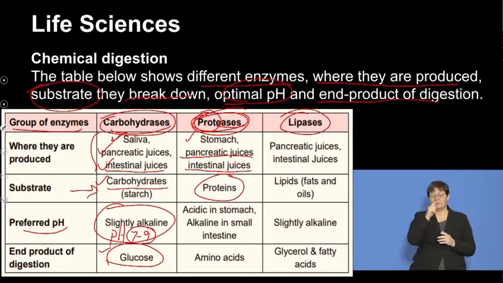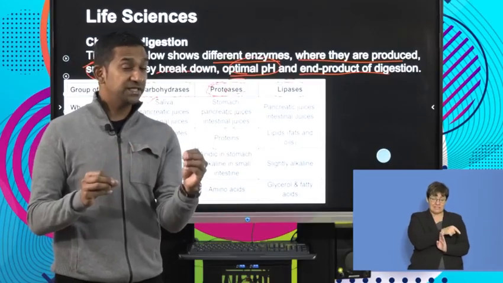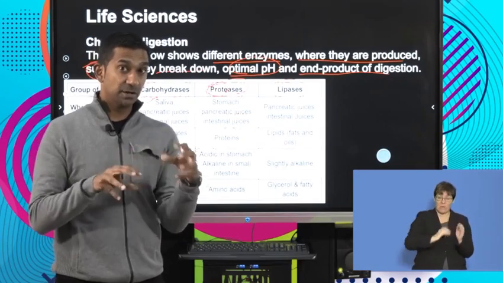These then move from the stomach into the small intestine, where the pH changes radically. As I mentioned, the pH in the stomach is acidic, so the gastric juices producing hydrochloric acid allow for those protein digesting enzymes to function optimally.